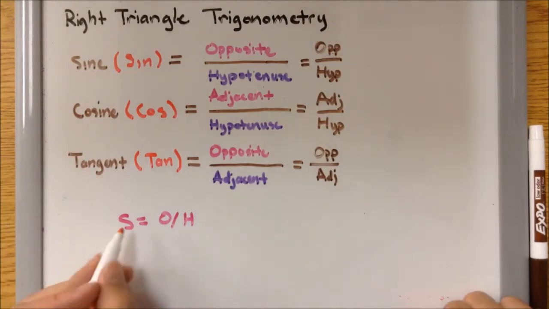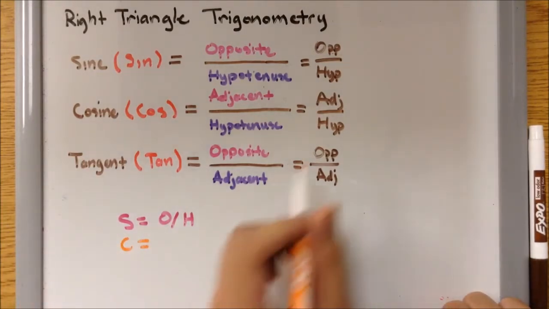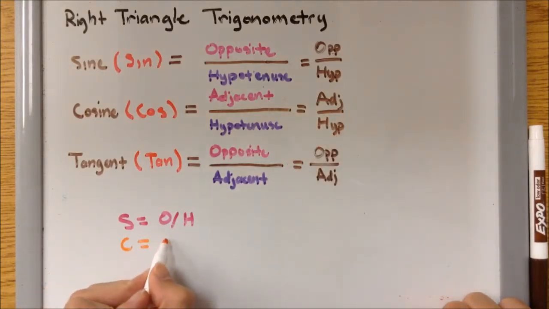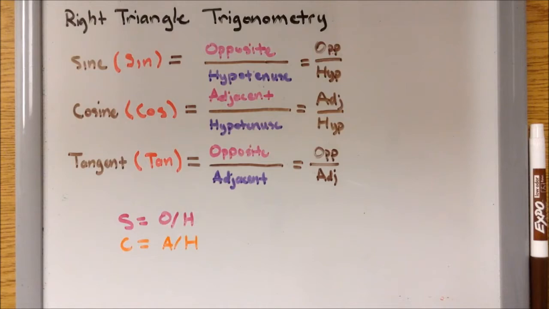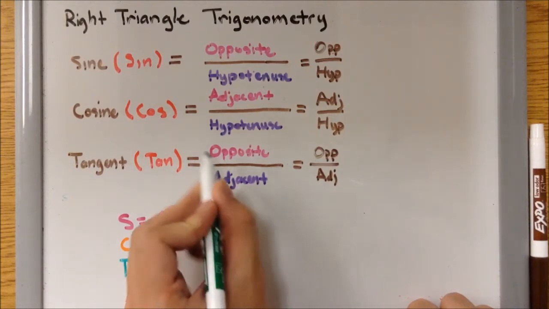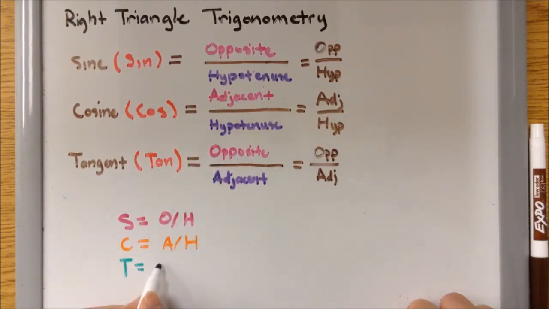For cosine, it's adjacent over hypotenuse. And then for tangent, it's opposite over adjacent.